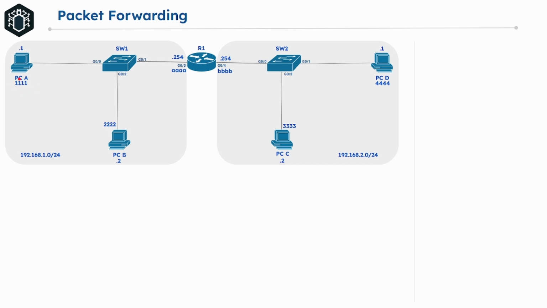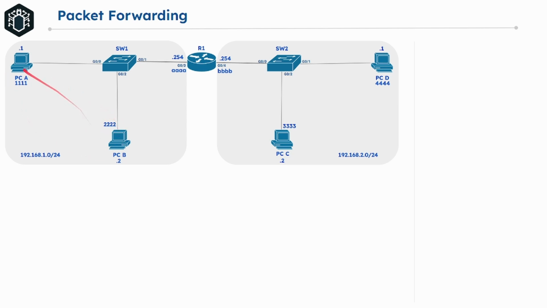Now, in real networks, MAC addresses are 48-bit long values, but to keep things simple, we are using only 4-digit values like 1111. Similarly, there is a PCB with an IP address of 192.168.1.2 and MAC address of 2222.